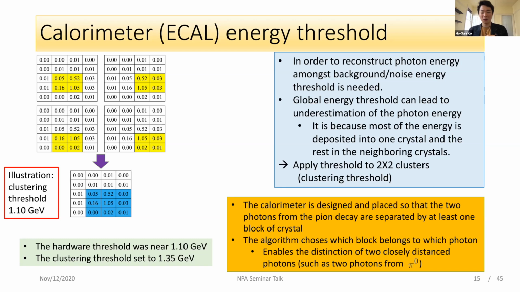It's a well-known algorithm called, I forgot the name. So how we do is we firstly design the calorimeter so that the particles we want to detect will always be separated by at least one crystal. That way we ensure there will be no particles hitting one crystal or the crystal right next to it.